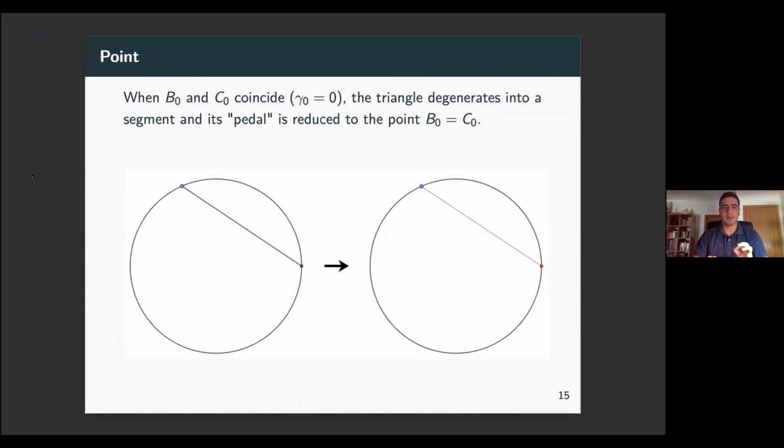In the pedal of the segment, the limit point will be exactly on the location of the two coinciding fixed points, and so it never leaves that location as the other point goes around the circle, and the curve we obtain is a single point.